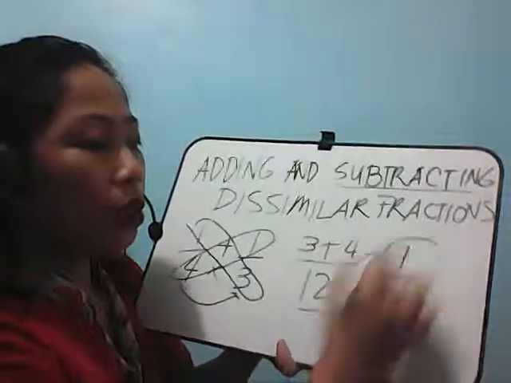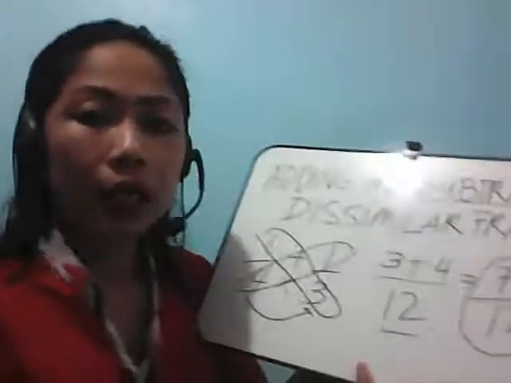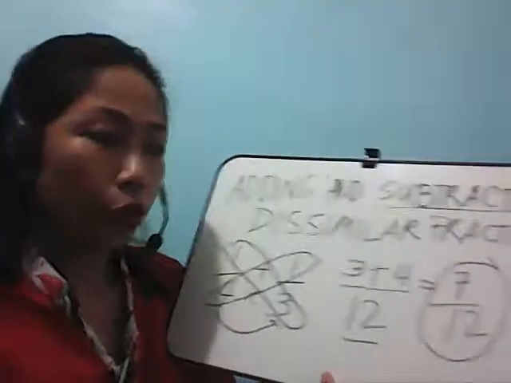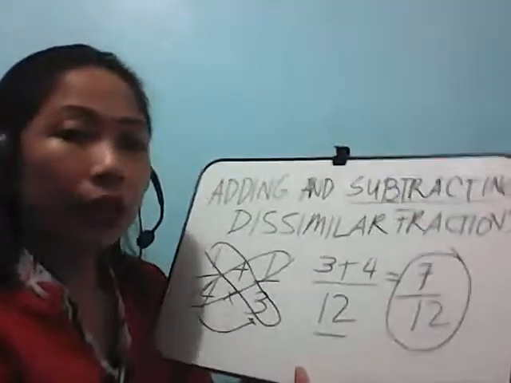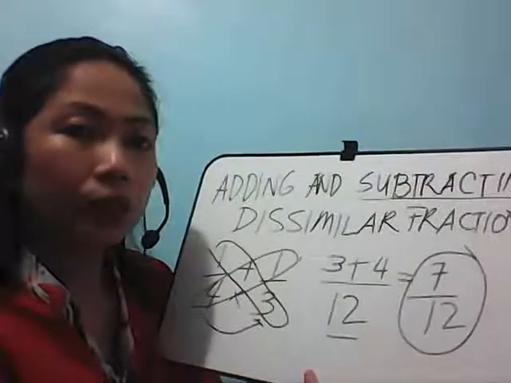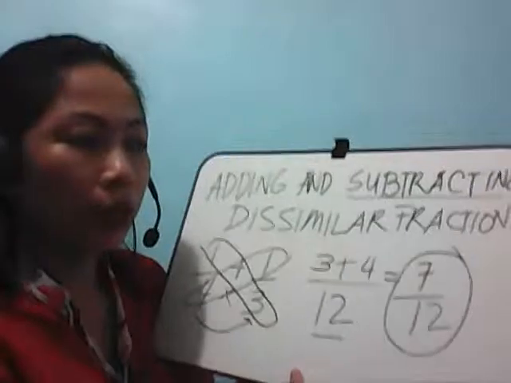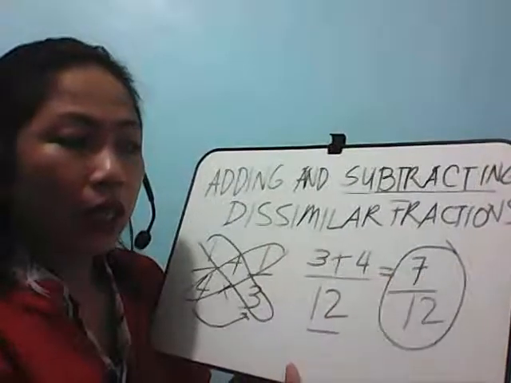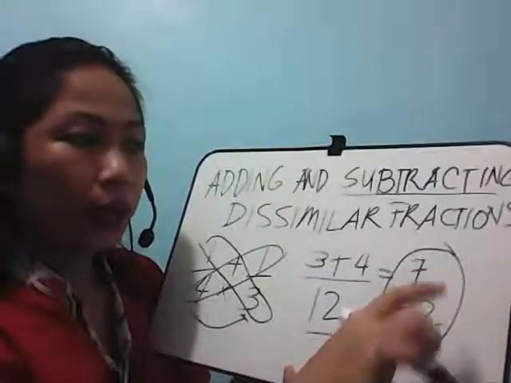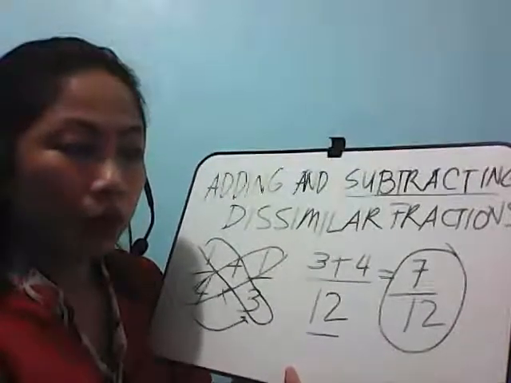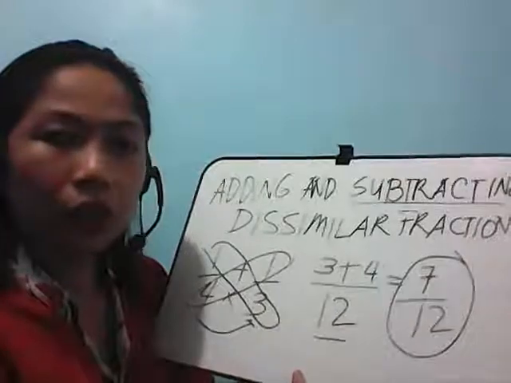But of course, in adding dissimilar fractions, kung ang sagot mo ay pwede pang i-reduce to the lowest term, i-reduce po natin. Since ito, hindi na pwede because 7 is not an even number and 12 is an even number, we will not reduce into lowest term.